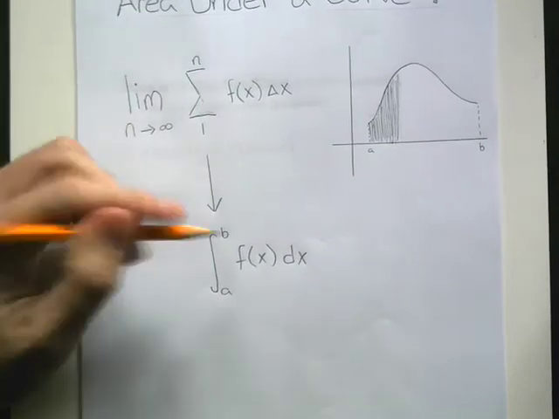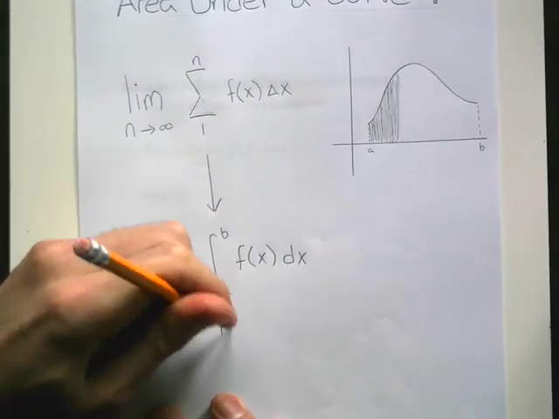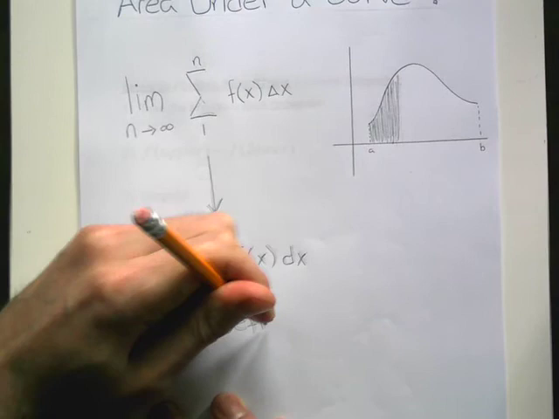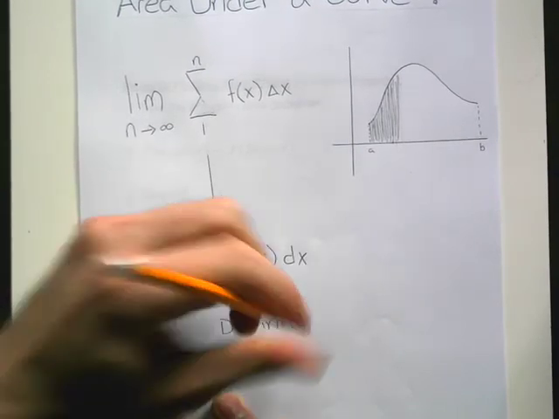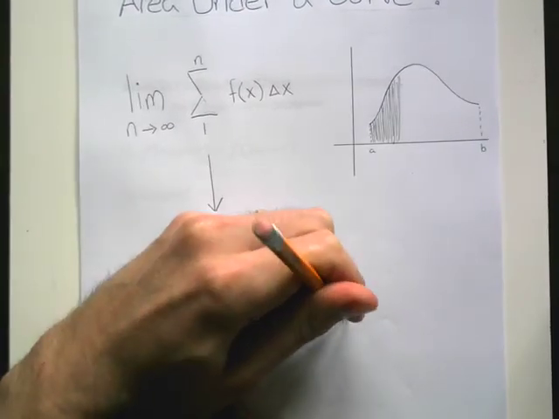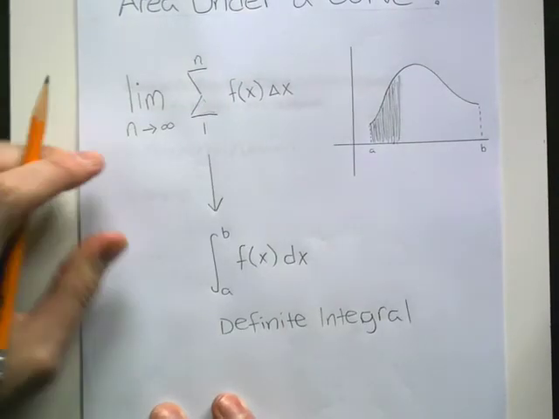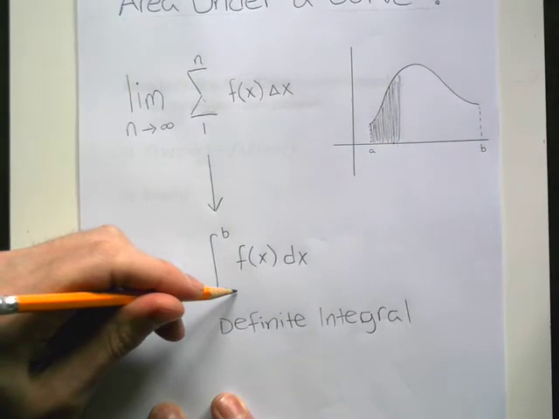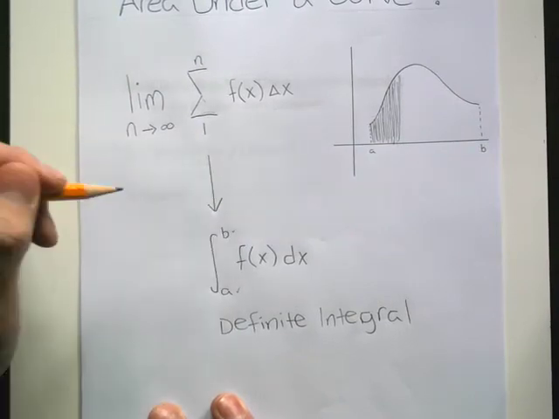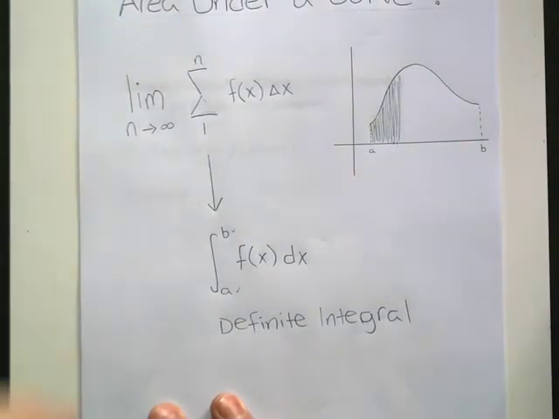This is called a definite integral. The reason it's called a definite integral is because you now have limits that you're looking at. It's not an indefinite integral.